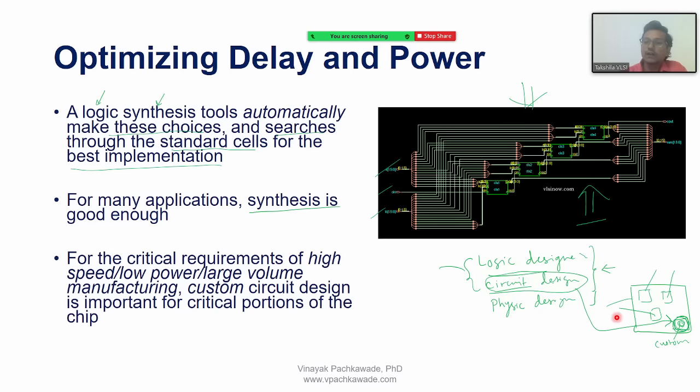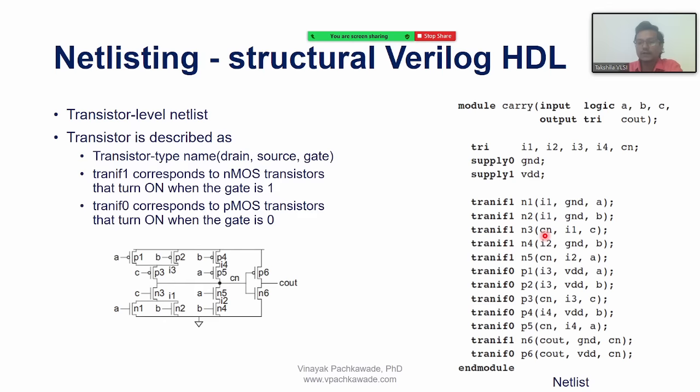With this itself, it also generates the transistorized diagram, and it will also generate the netlist right over here. So basically the netlist that we are going to get will be the gate level netlist as well as the transistor level netlist.